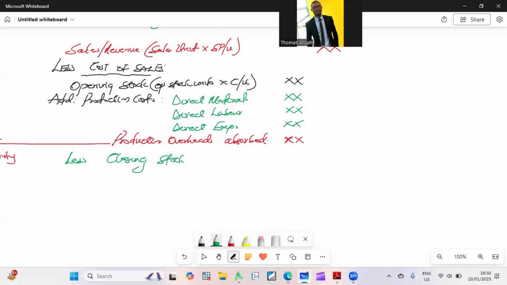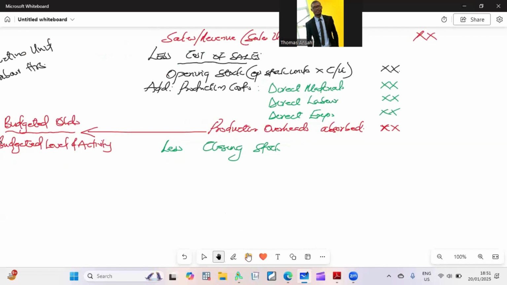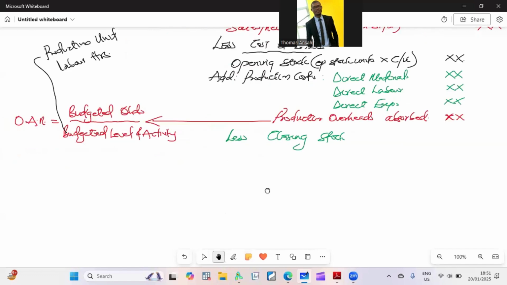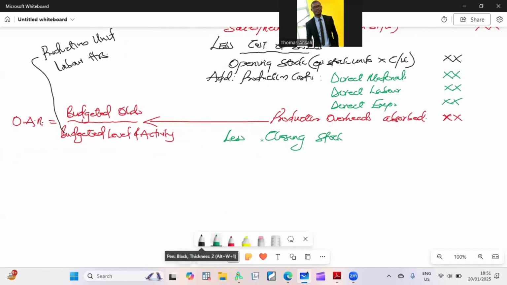But the closing stock is the issue, because how do you find closing stock? Normally, closing stock is easy. Let me show you how we find closing stock. What you will need is your opening stock.